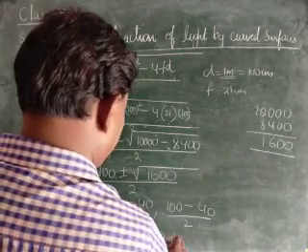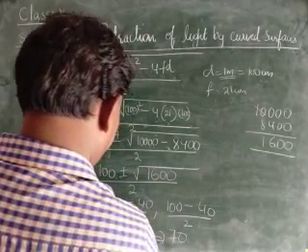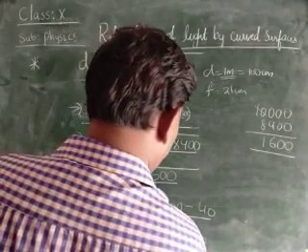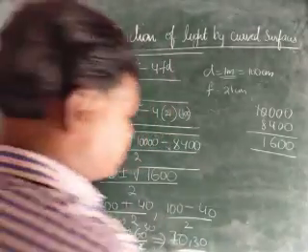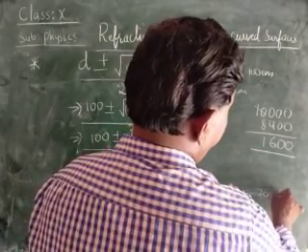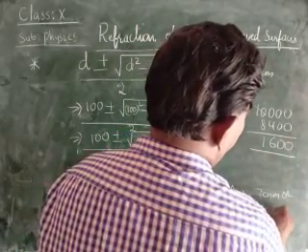Therefore, we get 70 and 30. Therefore the object should be placed at a distance of 70 centimeter or 30 centimeters.